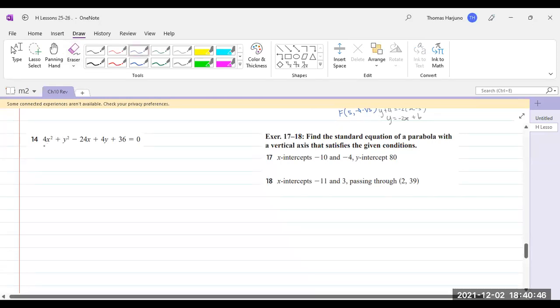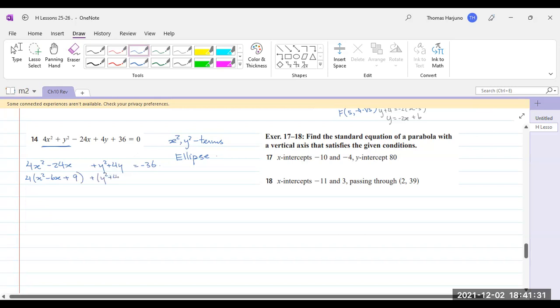You see that the x squared and y squared terms are on the same side, and they both have positive signs. Then this must be an ellipse. What we'll do next is regroup it so that we can easily complete the square. This is 4 times (x squared minus 6x). I think I will need to add 9 here.